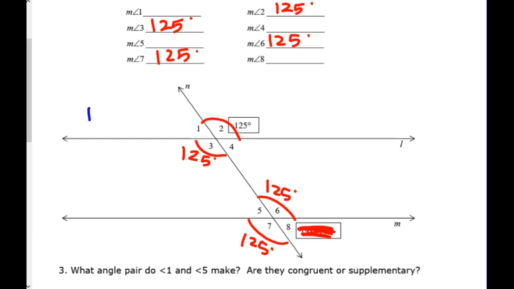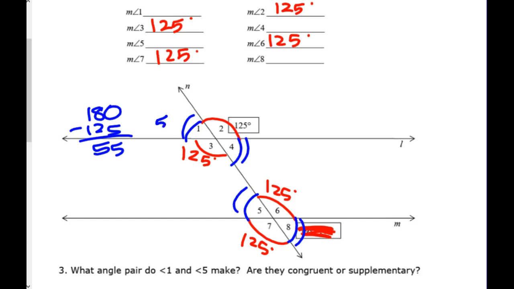So 180 minus 125 is 55. So these are all acute in another zigzag. So 55 degrees, 55 degrees, 55 degrees, 55 degrees. Write it down.